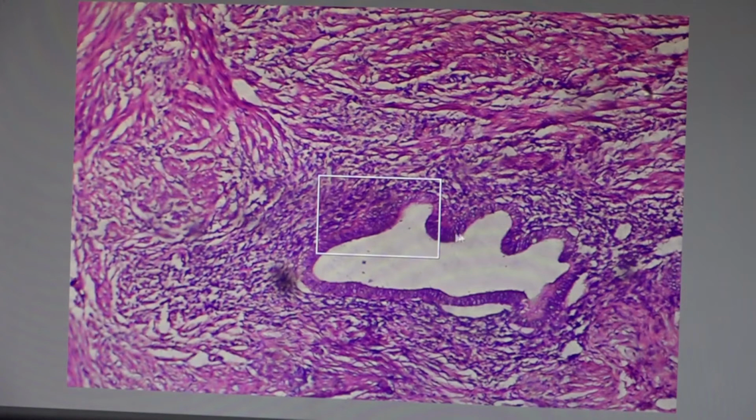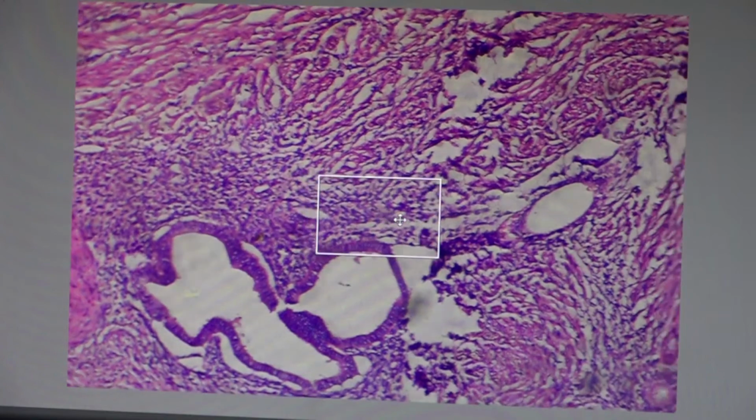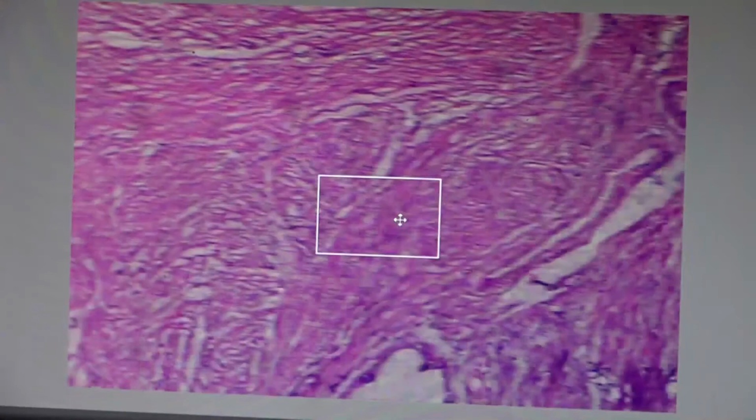These are the glandular epithelium, and this is the endometrial stroma. This is a characteristic feature of adenomyosis. This is another gland with endometrial stroma. So this is the adenomyosis.